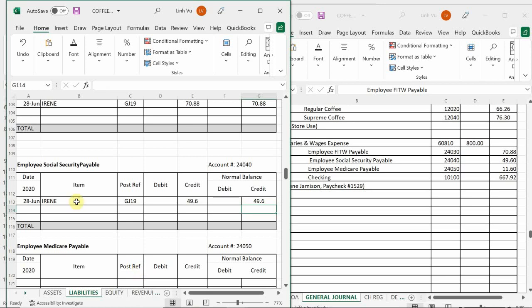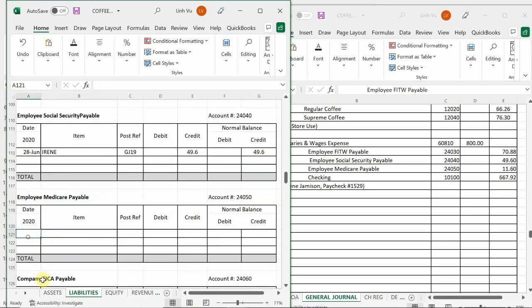And she's also claimed a total of $11.60 for her Medicare. And last but not least, we also have to distribute her paycheck.